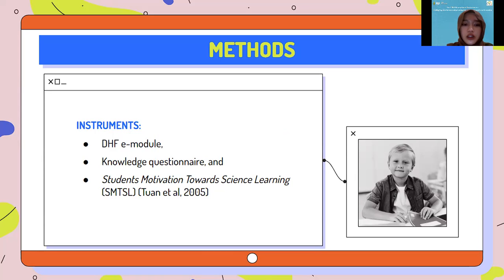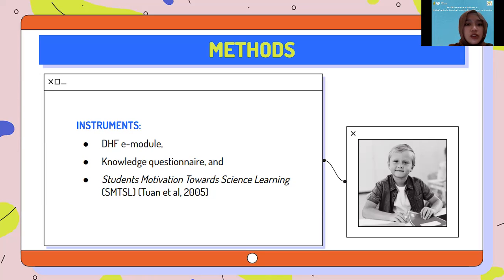The instrument we use is the DHF e-module that contains the definition, epidemiology, etiology, signs and symptoms, complications, diagnosis, examination, and nursing care for DHF. As an instrument for collecting data, we use a knowledge questionnaire that was developed by the researcher. This questionnaire has already been tested for validity and reliability on 30 trial respondents.